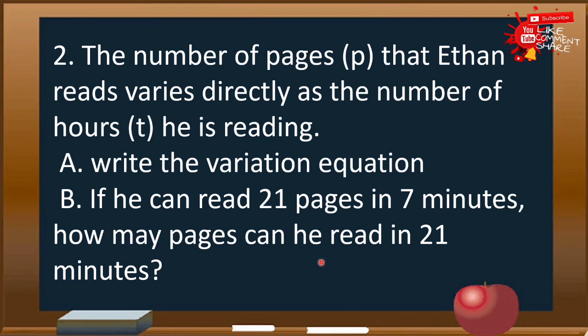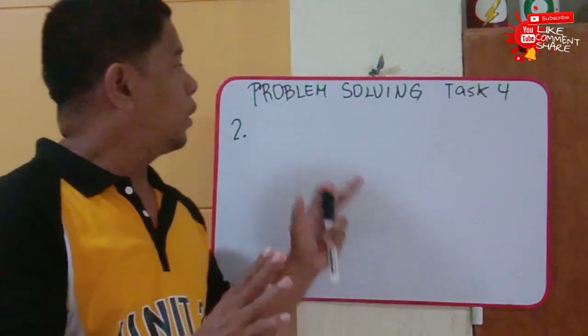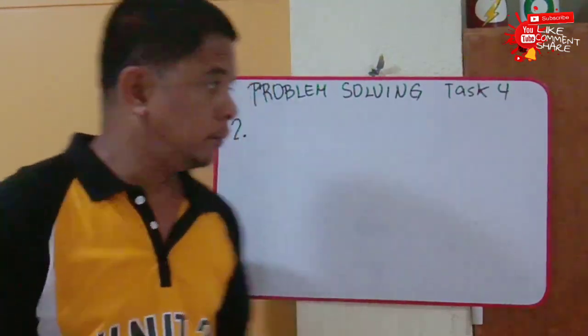So in question number 2, we will have to use the formula of direct variation because in this problem, varies directly. Okay. Last problem for problem solving task for number 2 for week 1.